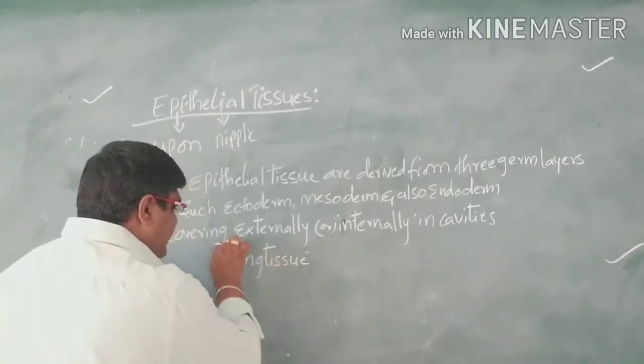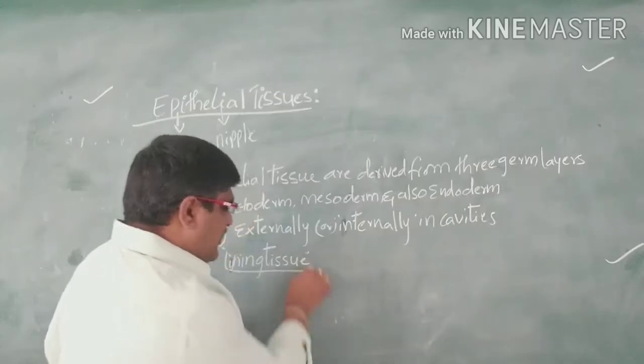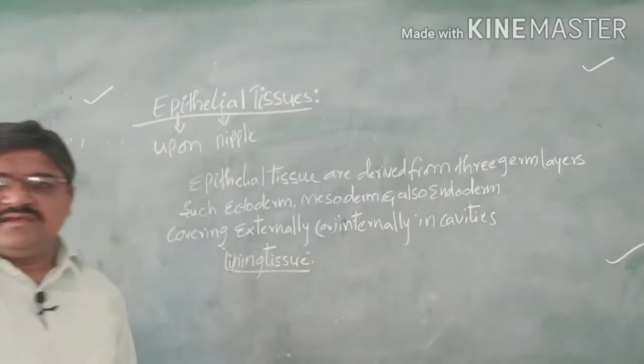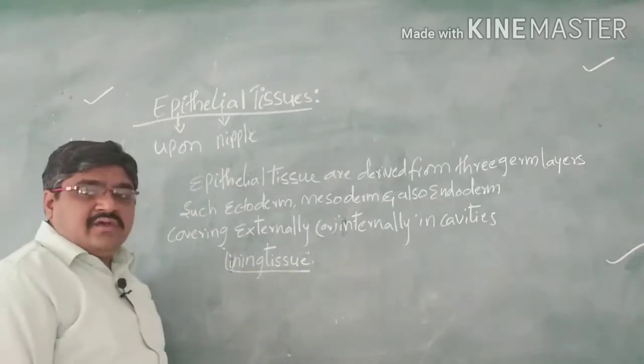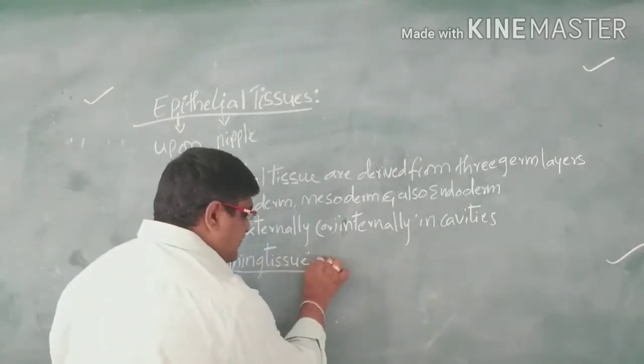Lining means it covers the entire part of the body. So we can call them lining tissues, or otherwise covering tissues.